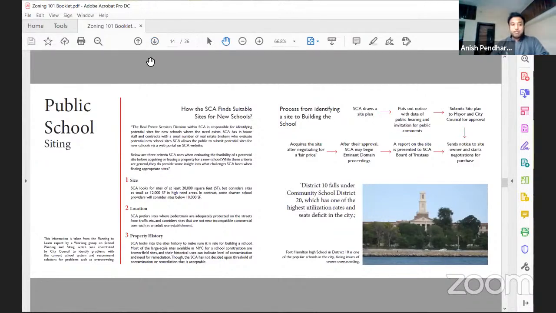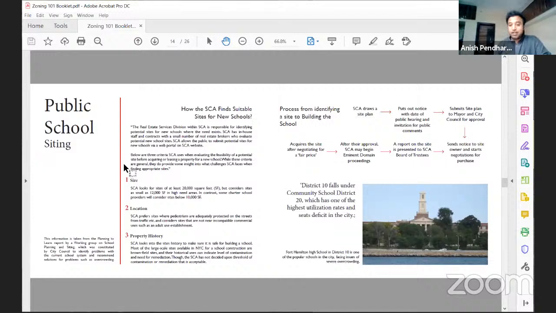Then the next chapter was public school siting, and basically how a school site is selected, because I guess District 10 was short on seats for public schools, and so how the SCA finds suitable sites for new schools, what should be the minimum size of the lot, what should be the ideal location of the lot, what should be the property history.